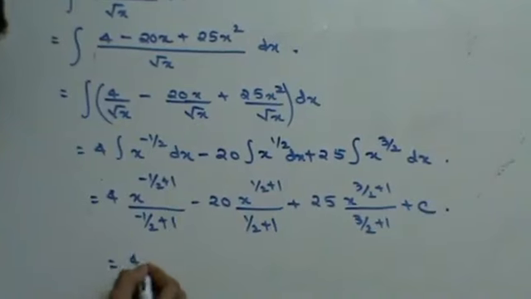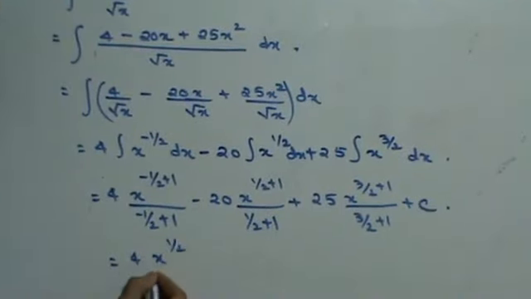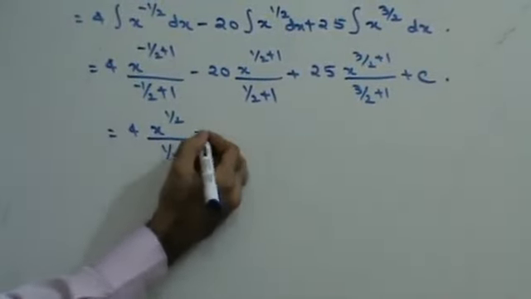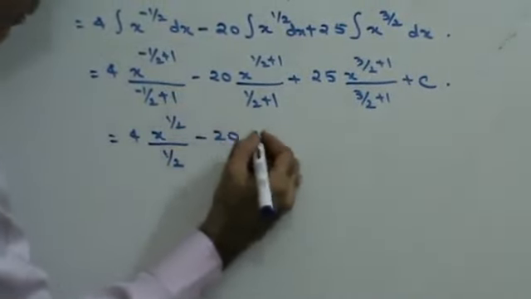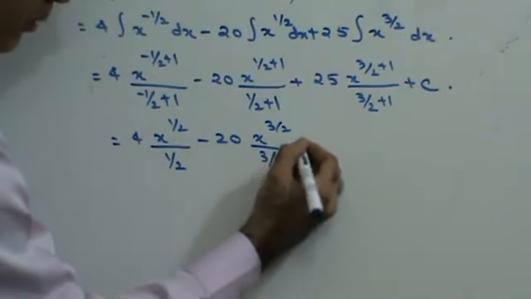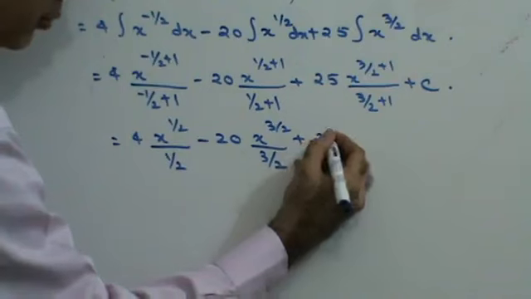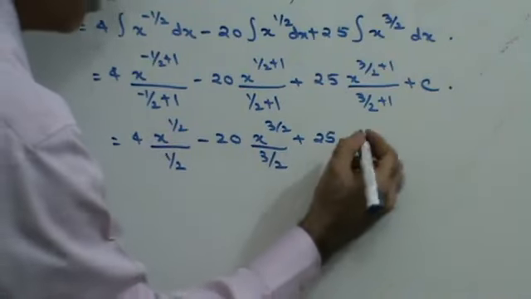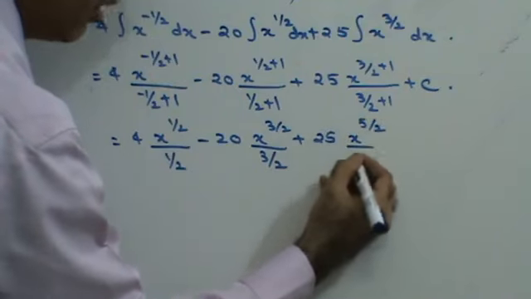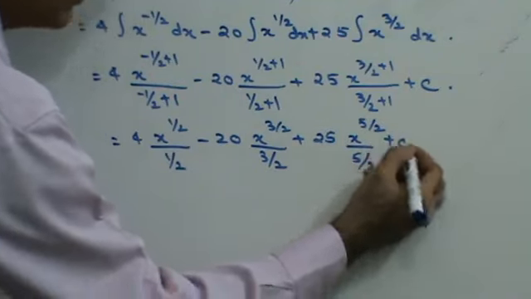Now this is going to be 4x raised to 1 by 2 plus 1, which is 1 by 2, upon 1 by 2, minus 20 x raised to 3 by 2 upon 3 by 2, plus 25 x raised to 5 by 2 upon 5 by 2 plus c.